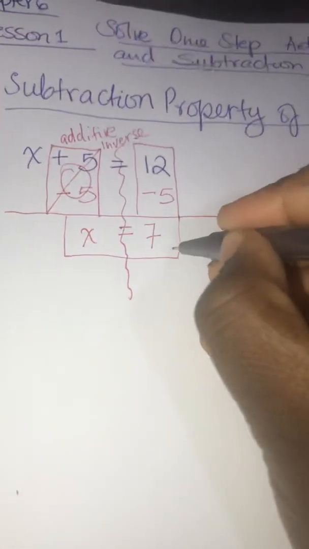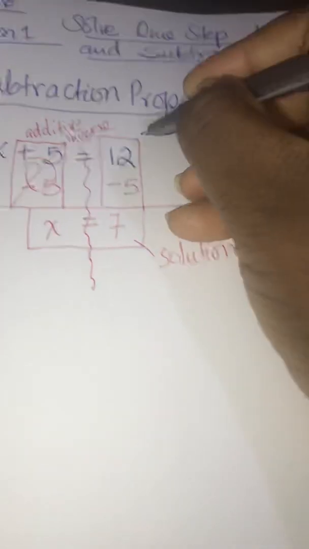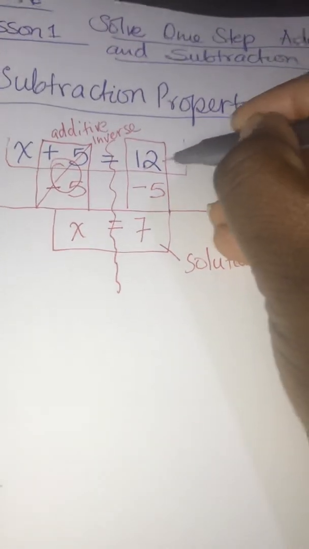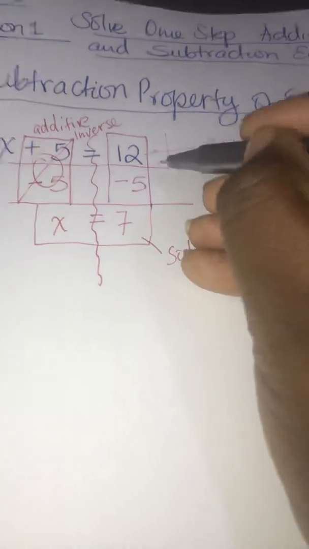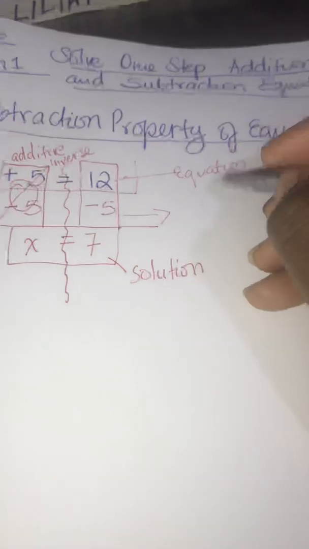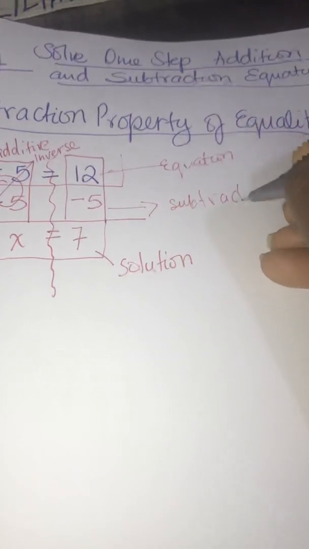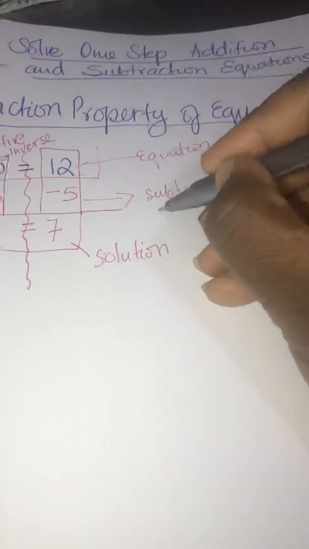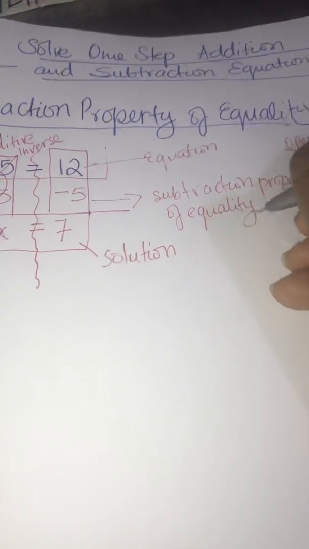Okay, so this is my solution. This here is my equation. And this part is what I am calling subtraction property of equality.